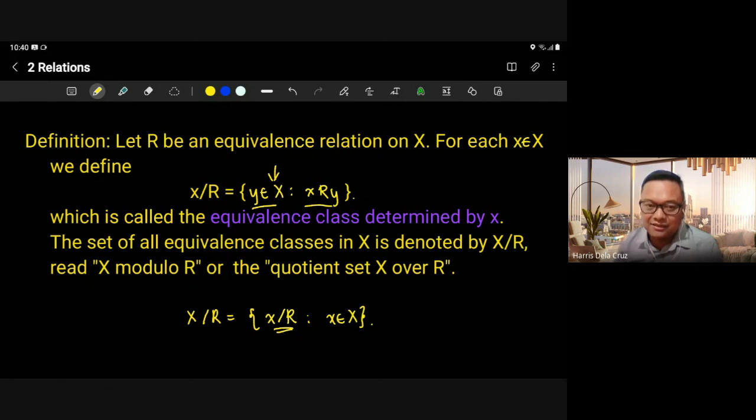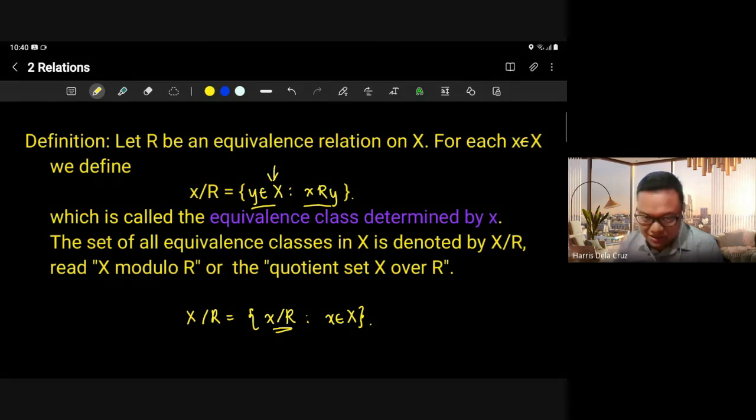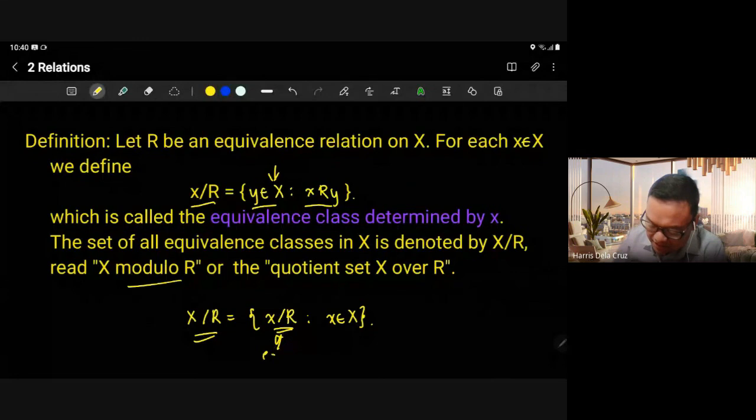Lahat ng ka-related kay x. Ang capital X over R naman, or sometimes tinatawag natin siyang X modulo R, itong set na to, ang mga laman niya, mga equivalence classes.